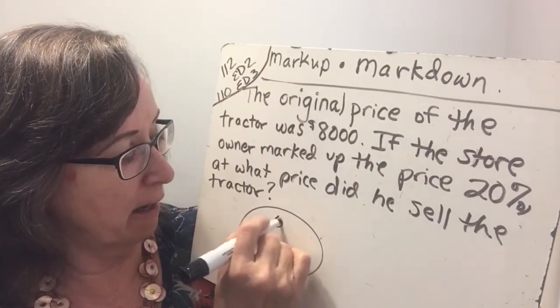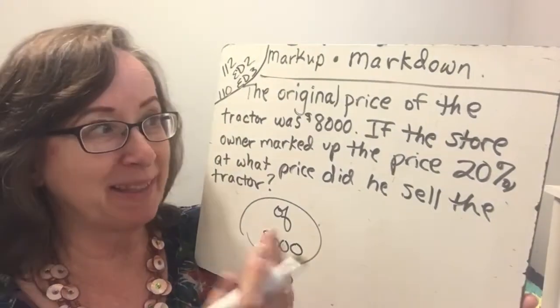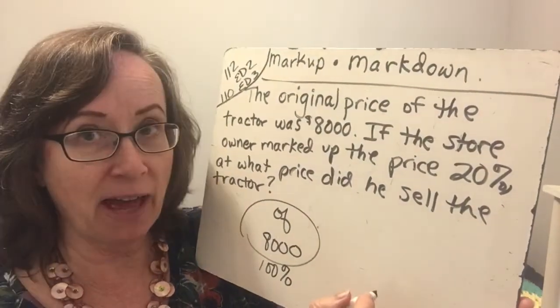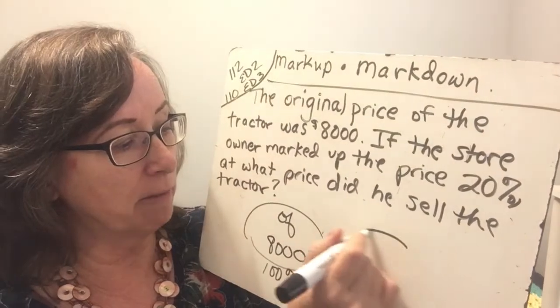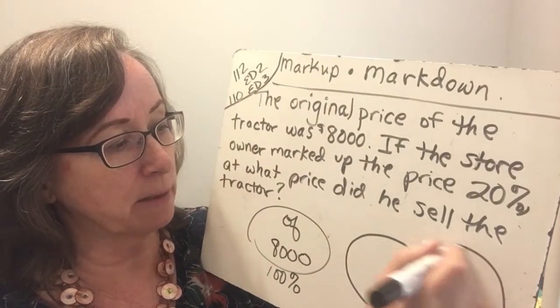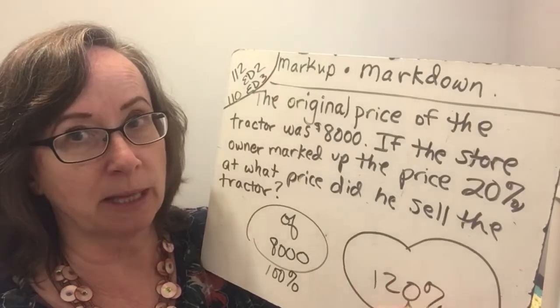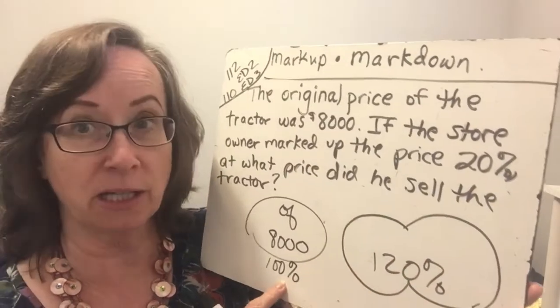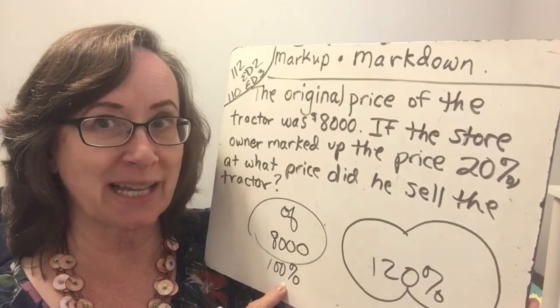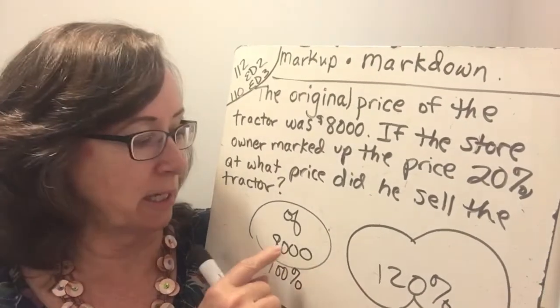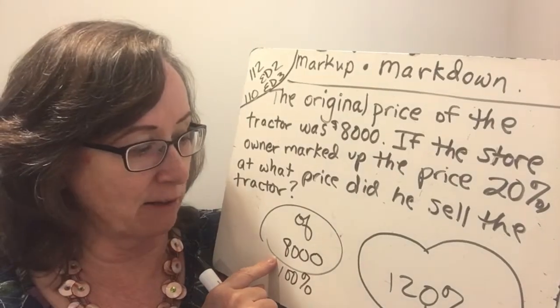So we'll say of 8,000, but then he's marking it up, so that's over 100. In fact, we say 120%, because 20% added to the 100%, we need to find out what 120% of the 8,000 is.